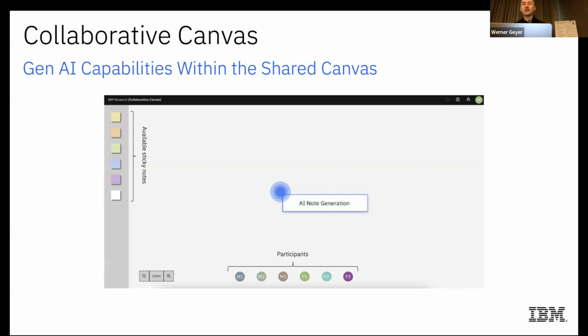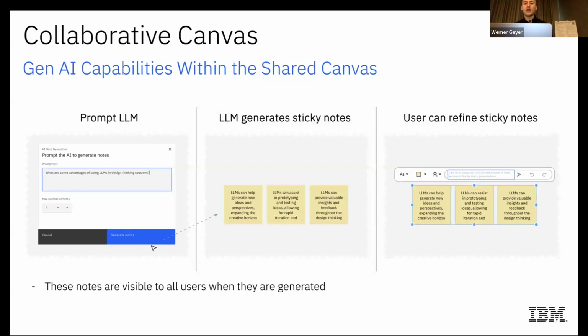So the first alternative that we have in the application to generate sticky notes is using the GenAI capabilities within the shared canvas. To access this functionality, the users need to right-click on the canvas and select the option for AI note generation. After doing that, the users will see a modal window where they can introduce a prompt and the number of sticky notes that they wish to generate.